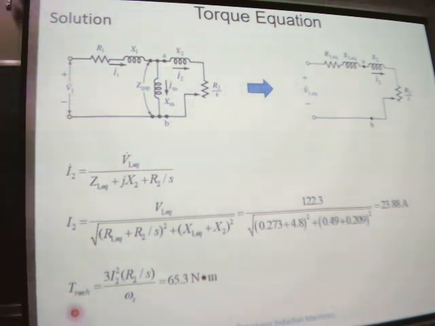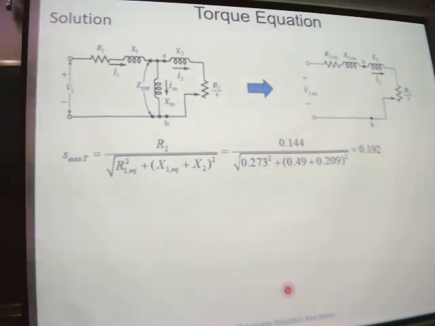Then the torque and the power: power is here. These two differ only by the speed factor omega s. Power is equal to omega times torque.